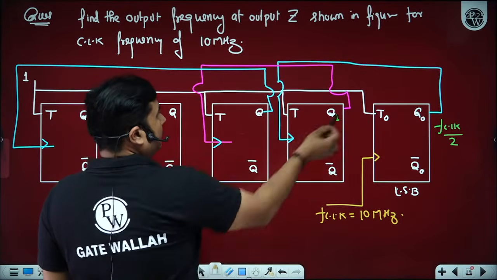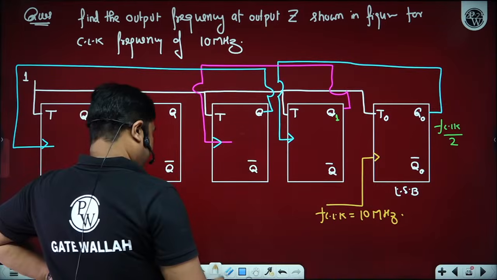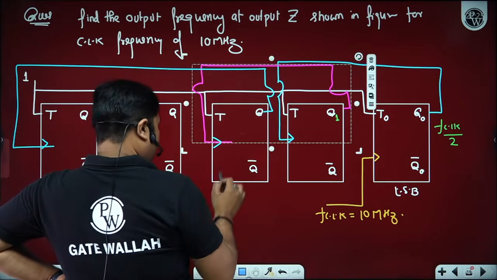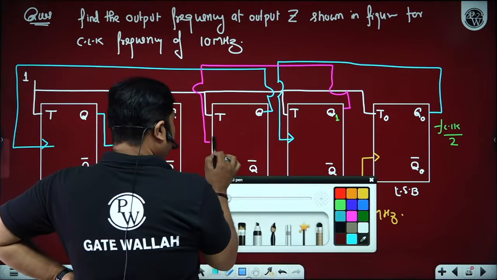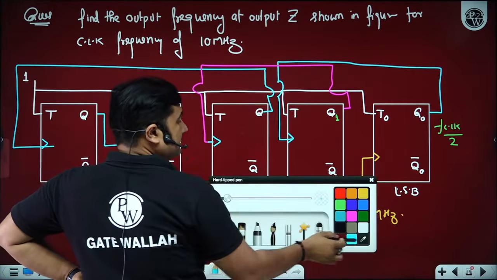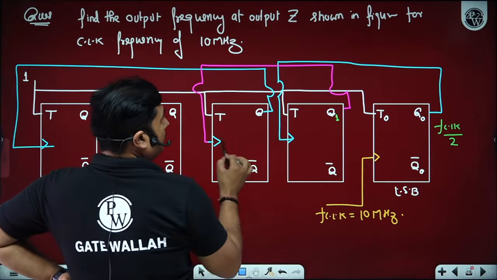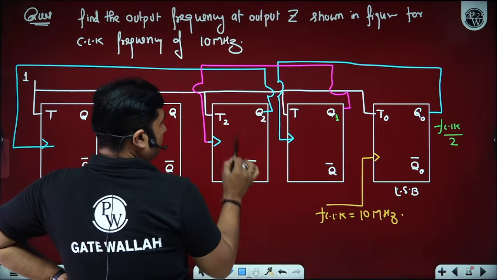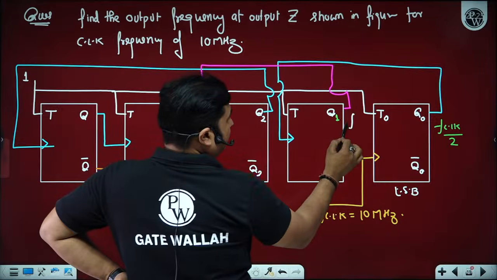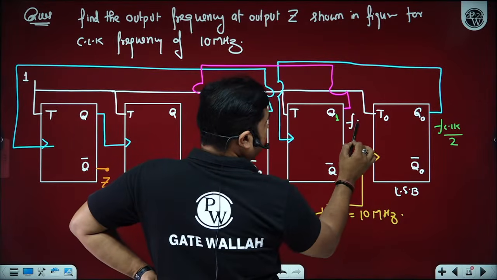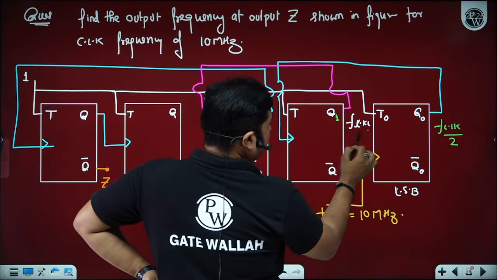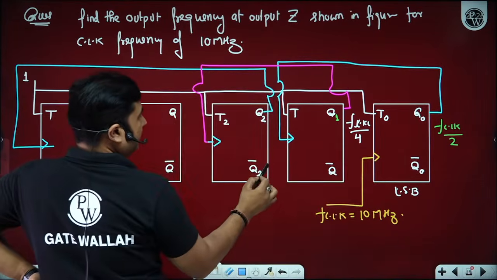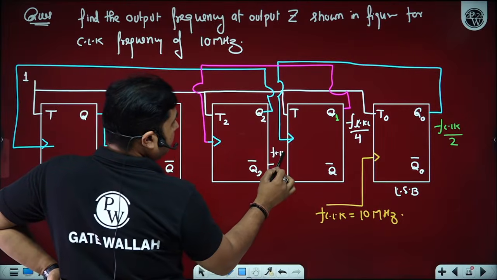So if output Q1 is making the clock to the next flip-flop, then we can see that this will be your Q2. And the output frequency will be, if this is FCLK by 2, here we have FCLK by 4. Here we have FCLK by 8.